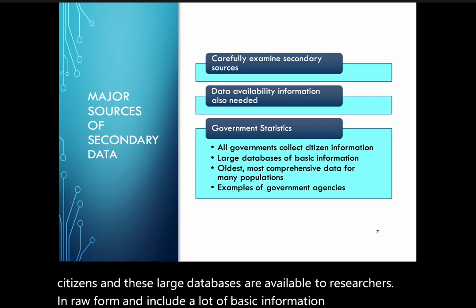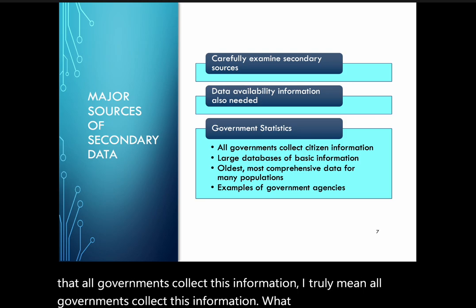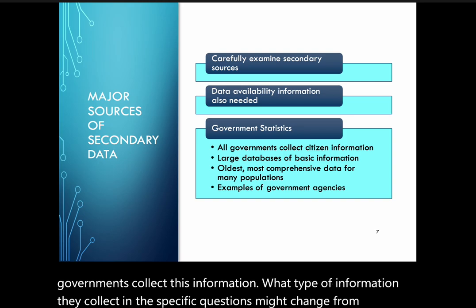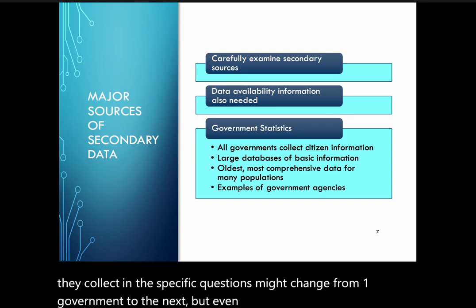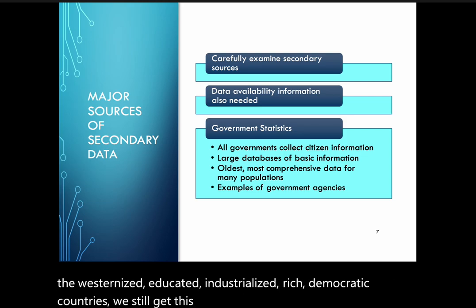And when I say all governments collect this information, I truly mean all governments. The type of information they collect and the specific questions might change from one government to the next, but even outside of the westernized, educated, industrialized, rich, democratic countries, we still get this government data.